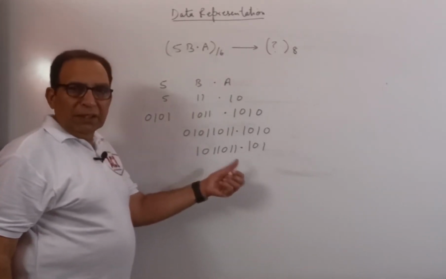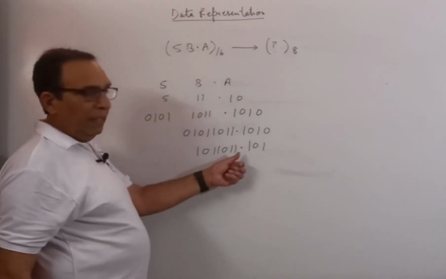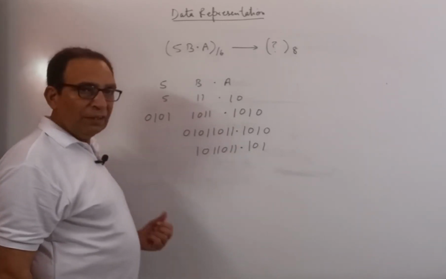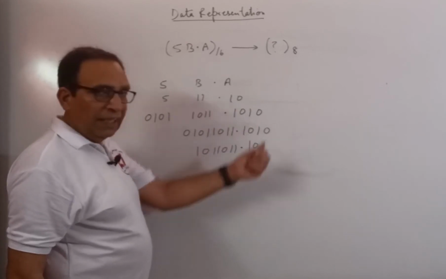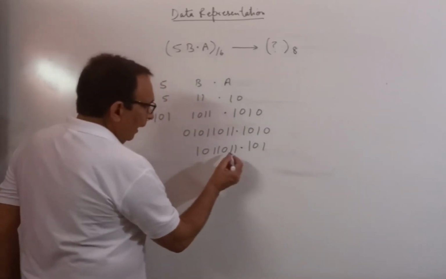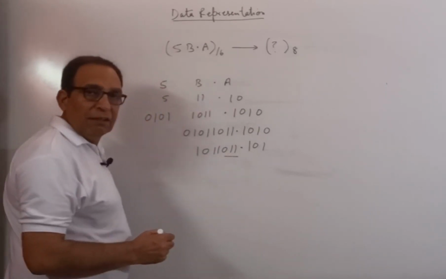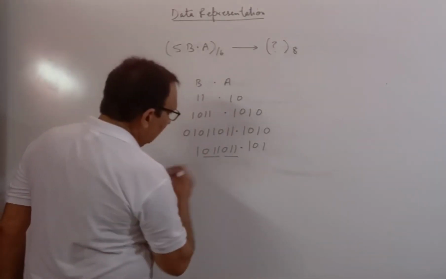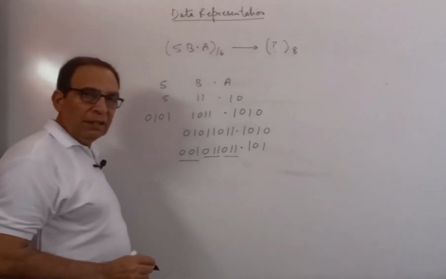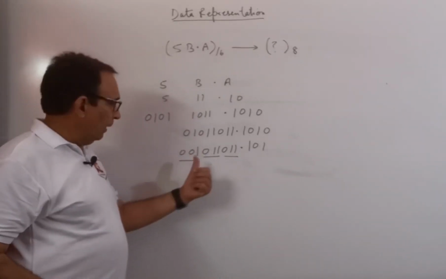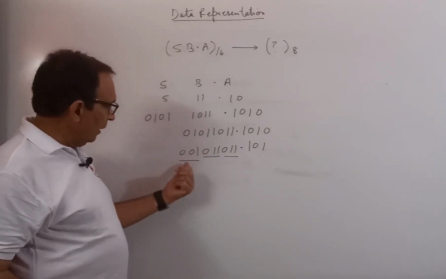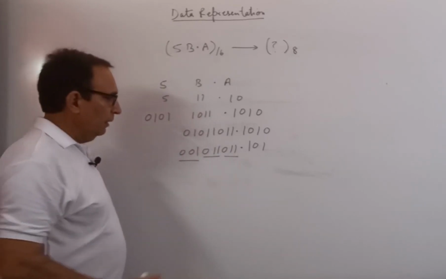Since it is to be converted into the octal equivalent, you have to make groups of 3 from the decimal point, right to left, and after the decimal point, from left to right. This means you have to make groups of 3 for the octal number. 1 is left, so you put 2 zeros towards the extreme left, because extreme left zeros are meaningless, so each is having a group of 3 bits.